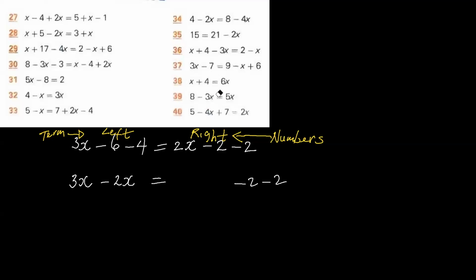The 6 on this side becomes +6 and the 4 becomes +4, because they were negative, so it becomes 6 plus 4. The sign changes. So line 2 should look like what I have on the blackboard.